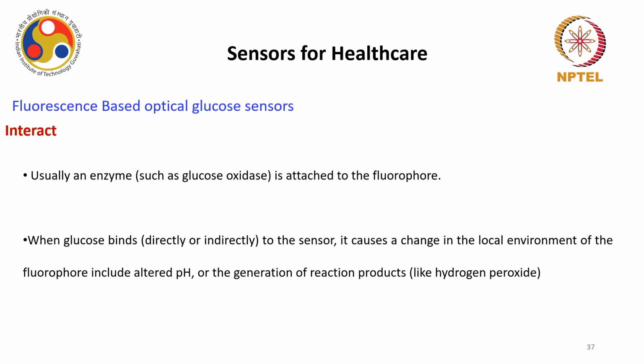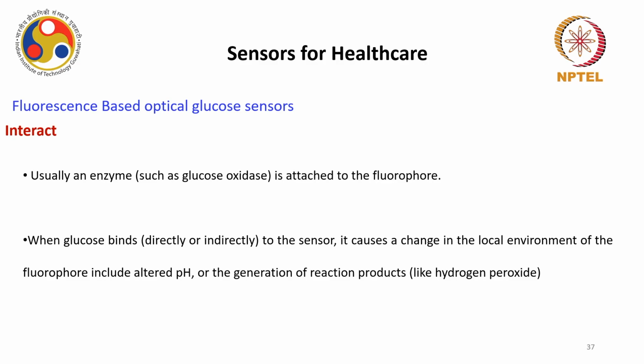Usually these devices are based on enzymes, so these are enzymatic devices. Usually an enzyme, mostly glucose oxidase, is attached to the fluorophore. When the glucose binds to the sensor through these enzymes, it causes a change in the local environment of the fluorophore.